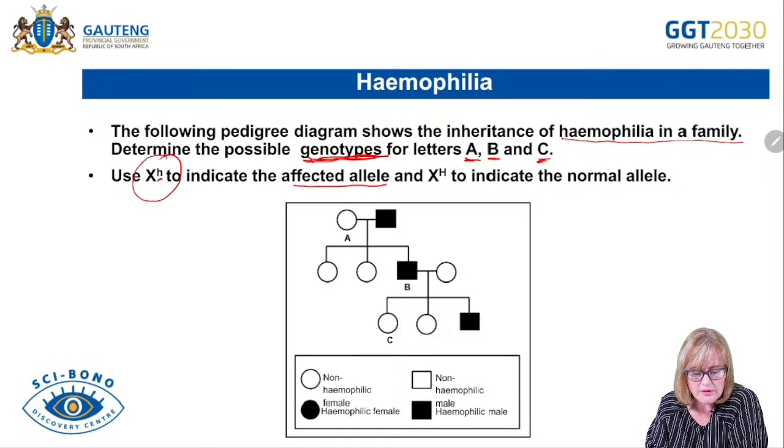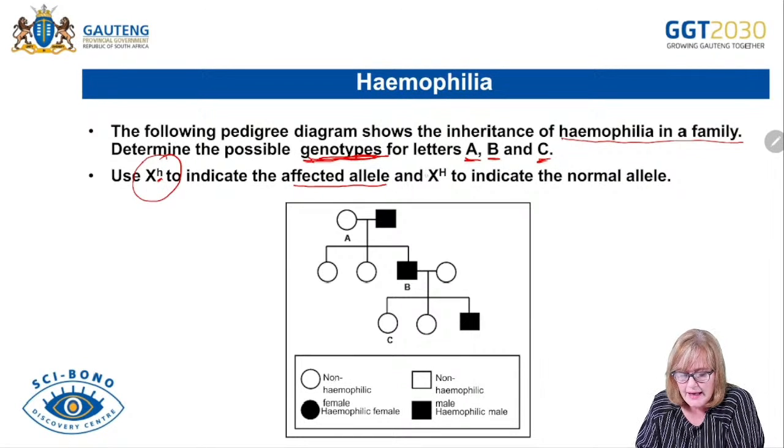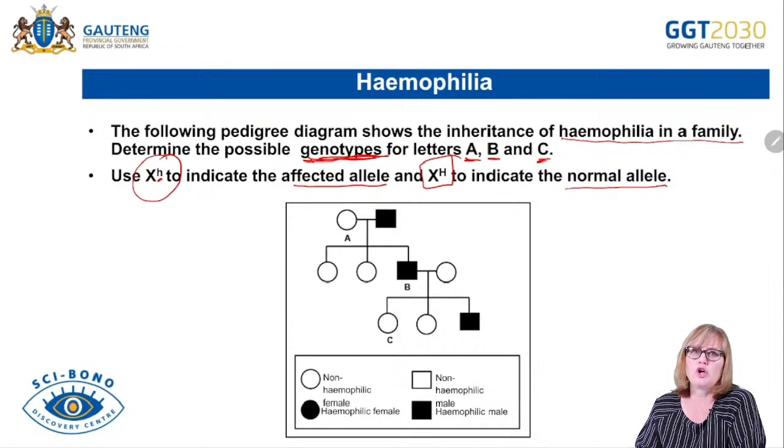It's also telling you there that it's recessive. And X big H for the normal allele. Here they are using the word normal. Always use the words that they are using in the question. If they said affected, unaffected, then you use affected, unaffected. If they use normal or not normal or whatever, then you use the words they are using.